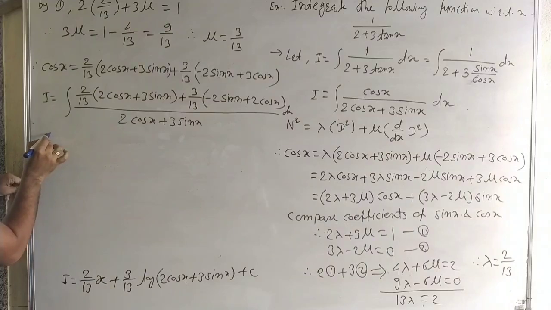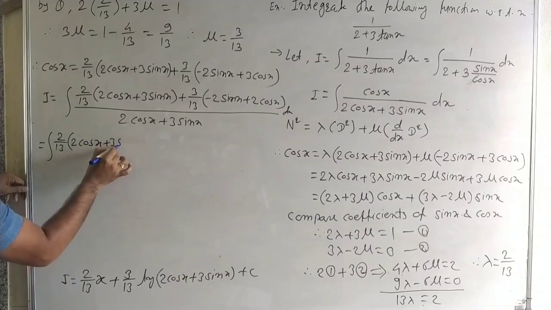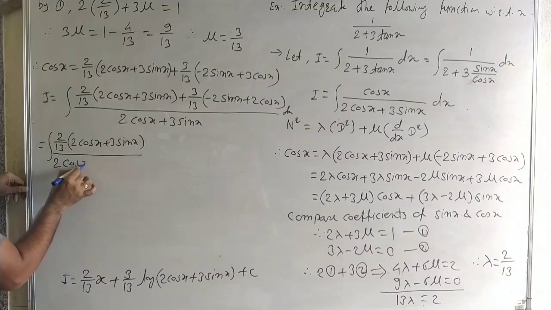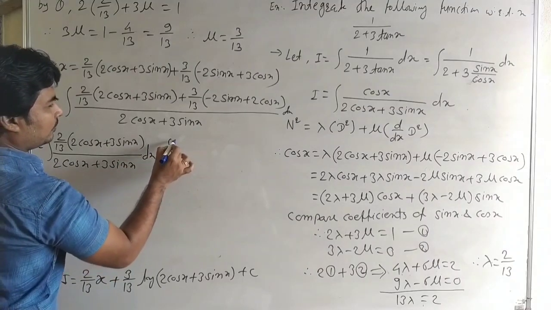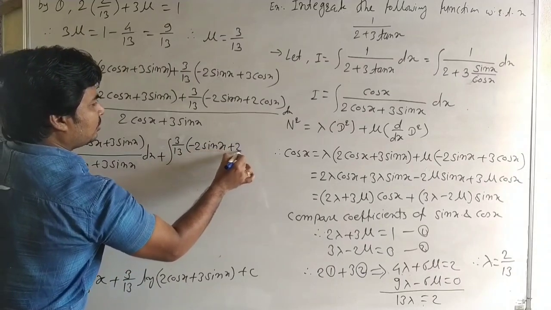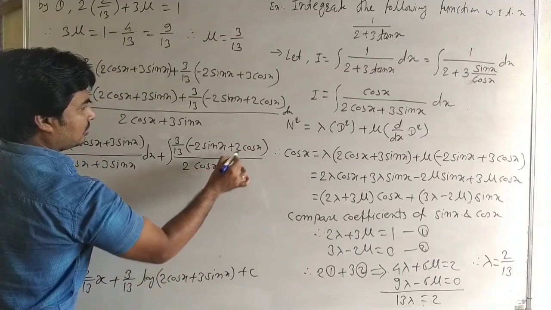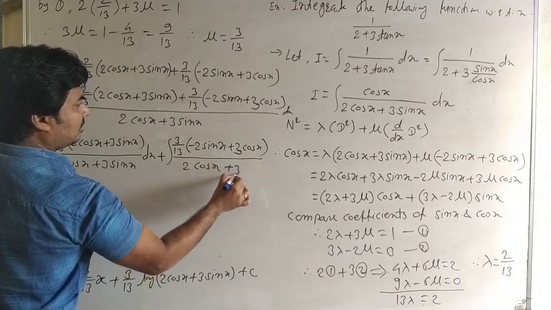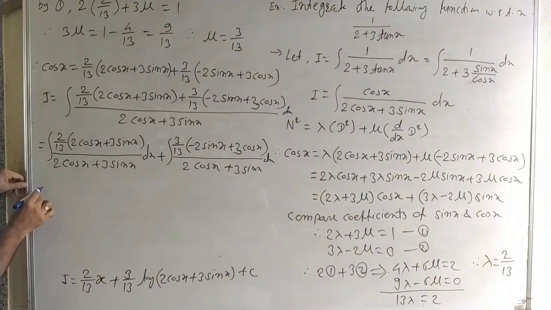Then separate the integral: 2 by 13 integral of 2 cos x plus 3 sin x upon 2 cos x plus 3 sin x dx, plus integral of 3 by 13 into minus 2 sin x plus 3 cos x upon 2 cos x plus 3 sin x dx.